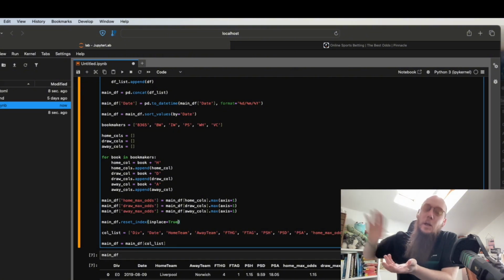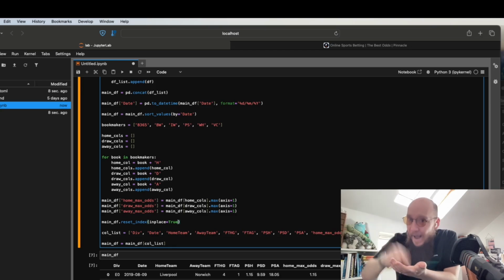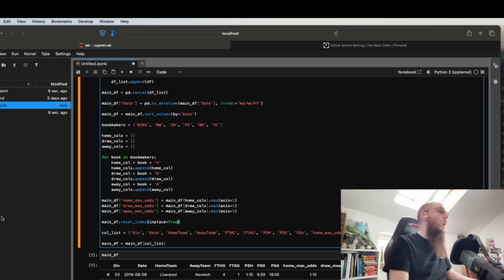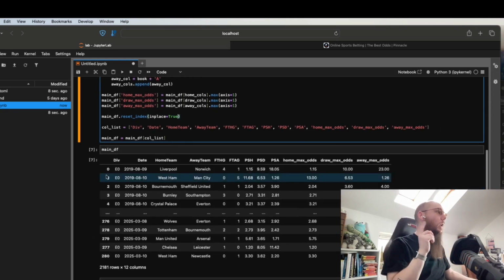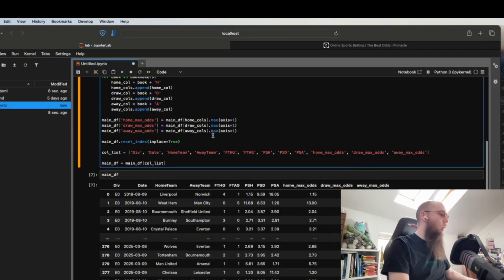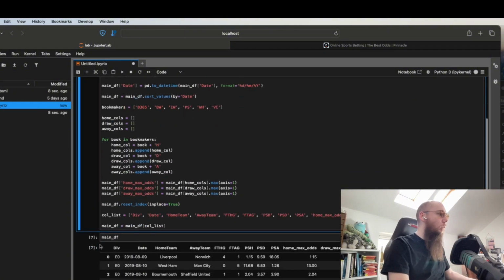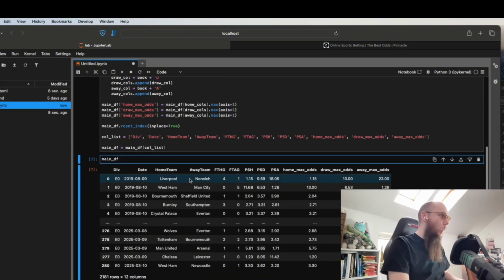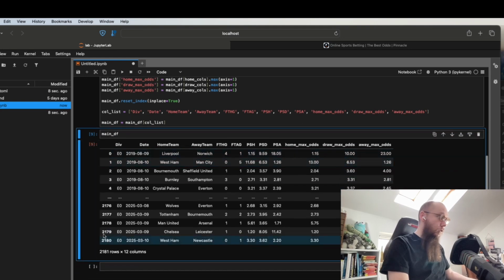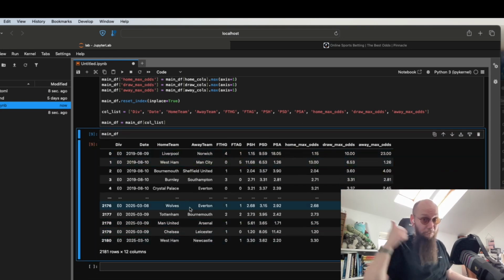Don't make a copy, don't do a new one. I want you to actually do this on the data frame that I'm talking about. So do it in place on main df. Let's compare and contrast. Right now it goes from 0 to 280. If we run all of this again with our reset index in place, we get from 0 to 2180.